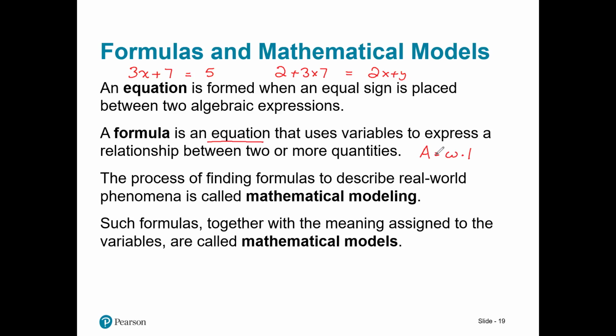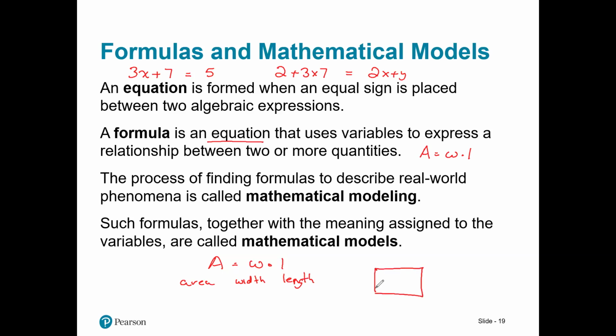When we figured out what area was, that was a mathematical model. Such formulas, together with meaning assigned to the variables, are called mathematical models. Each one of these variables has a meaning attached to it. We know that A is area, W represents width, and L represents length.